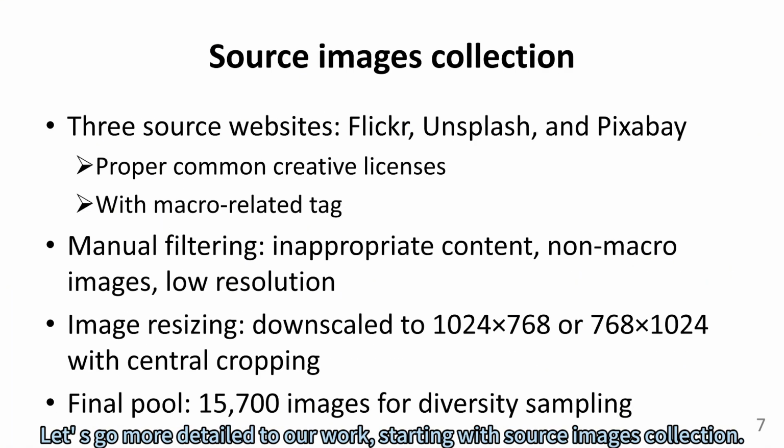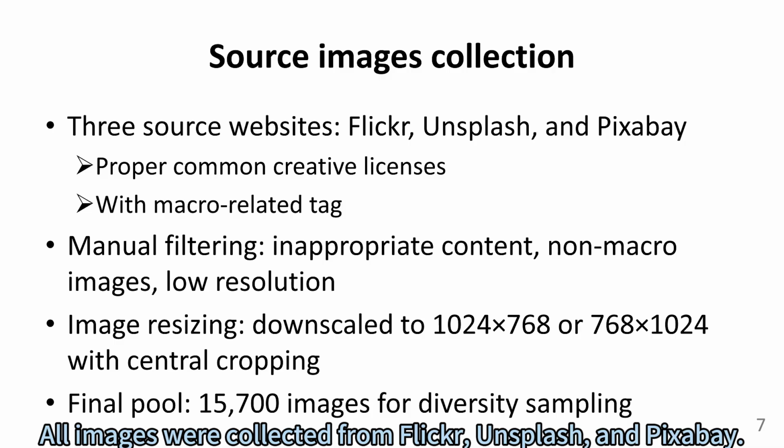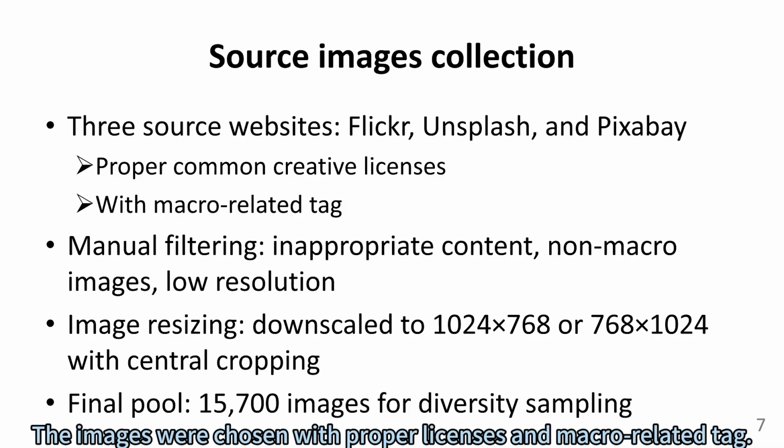Let's go into more detail on our work, starting with source image collection. All images were collected from Flickr, Unsplash, and Pixabay. The images were chosen with proper license and macro-related tags.